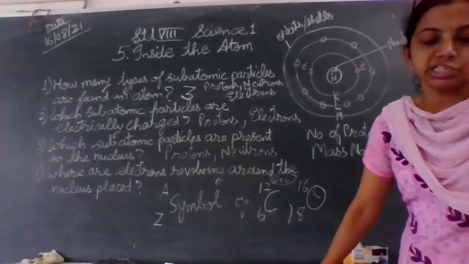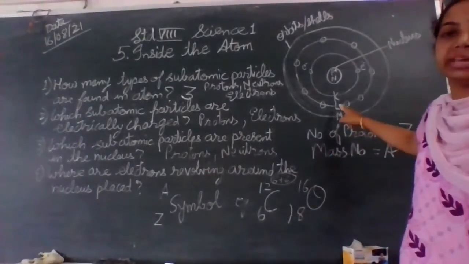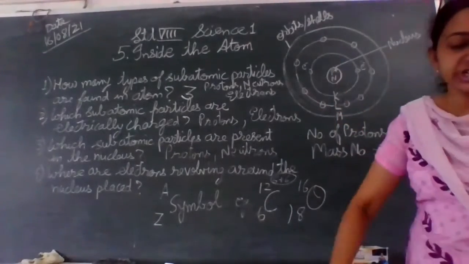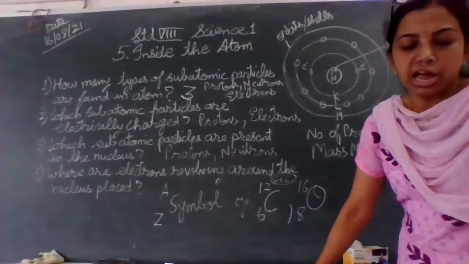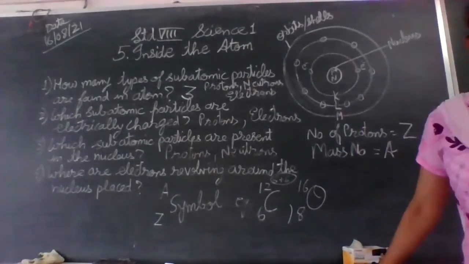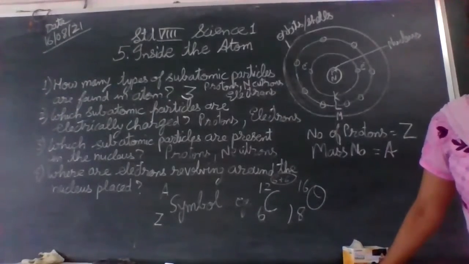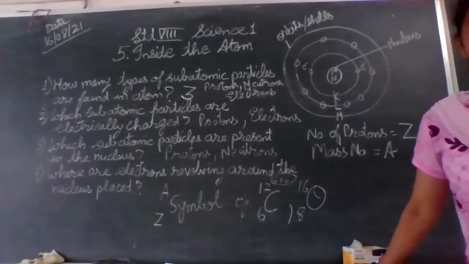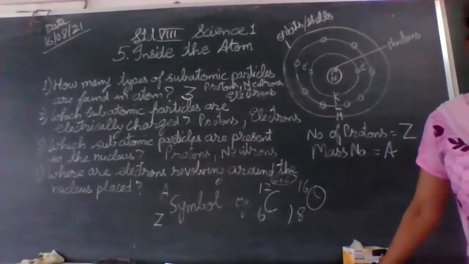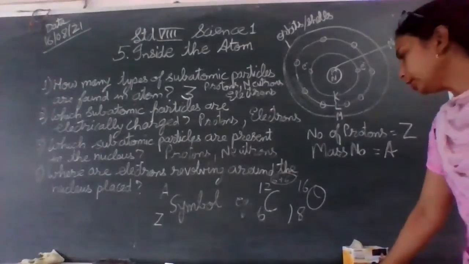The shell nearest to the nucleus is called the first shell and it has been named K. The next shell is called the second shell. The symbol small n is used for the ordinal number of the shell, that is K, L, M, N, etc. Now, number n could be 1, 2, 3, 4.